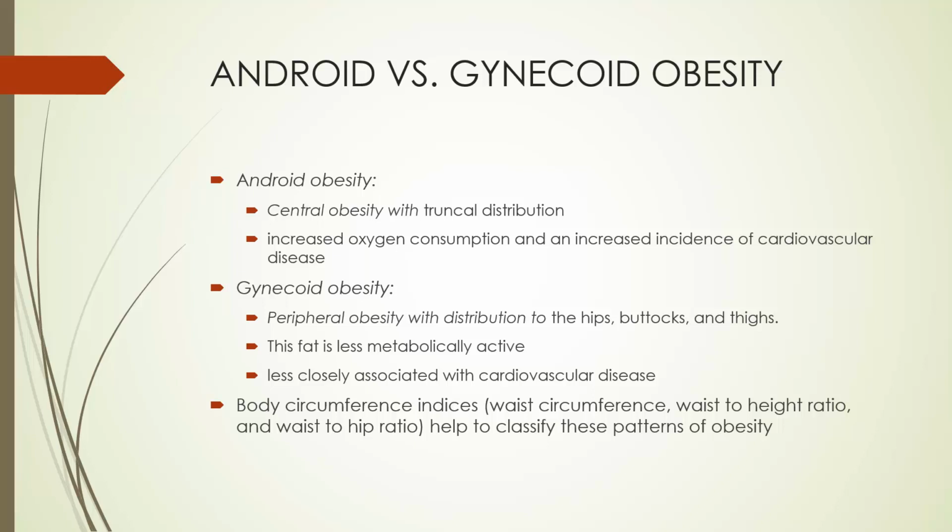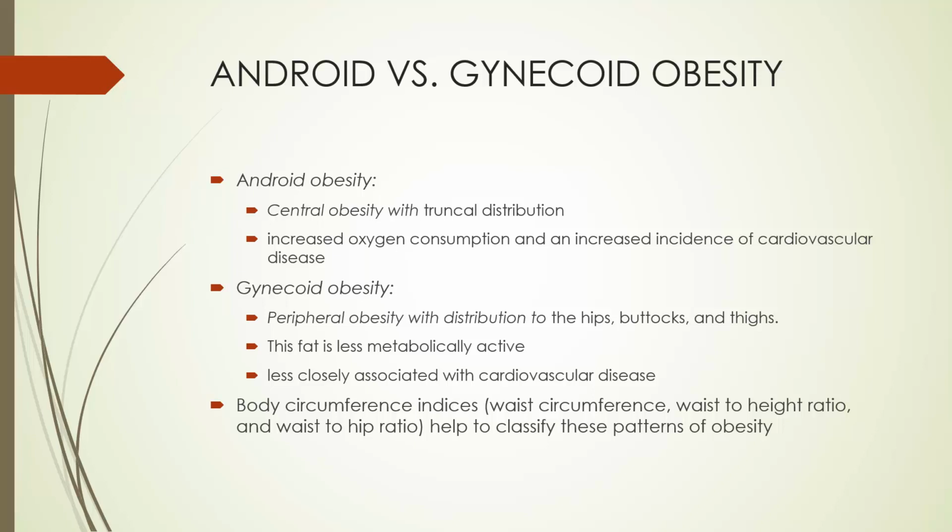Visceral fat is particularly associated with cardiovascular disease and left ventricular dysfunction. In gynecoid obesity, or peripheral obesity, adipose tissue is located predominantly in the hips, buttocks, and thighs. This fat is less metabolically active, so it's less closely associated with cardiovascular disease.